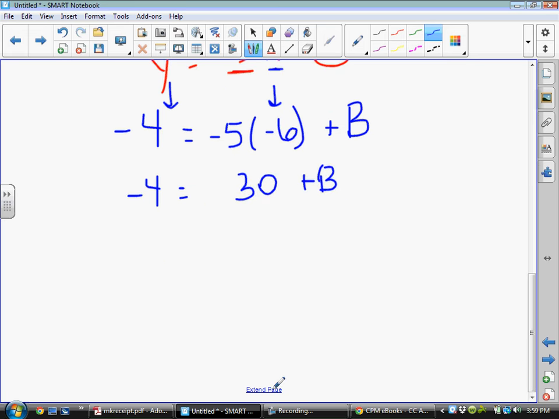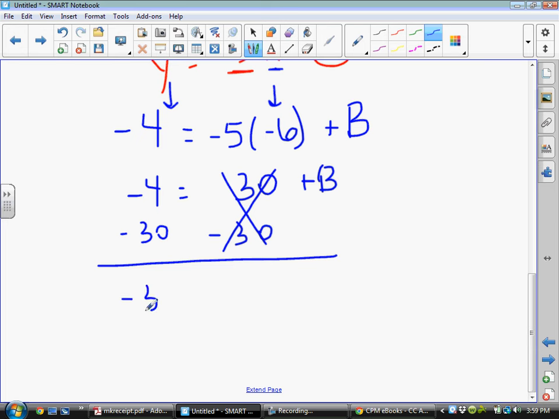Now to get the b by itself on that right side, I need to get rid of the +30. So I have to subtract 30. I want them to become 0. So now if I have +30 and -30, that's all gone. This side becomes -34, and that's b. That's my starting value.